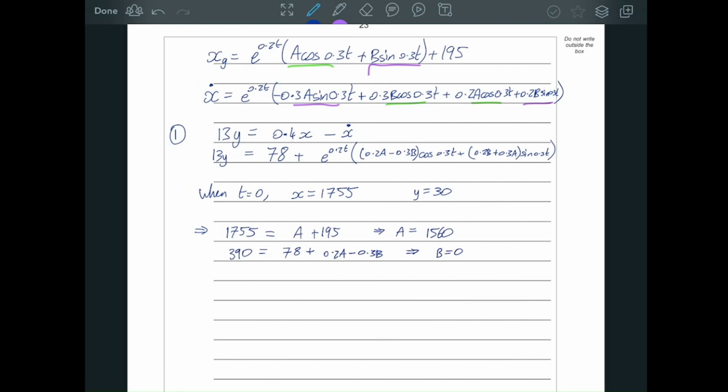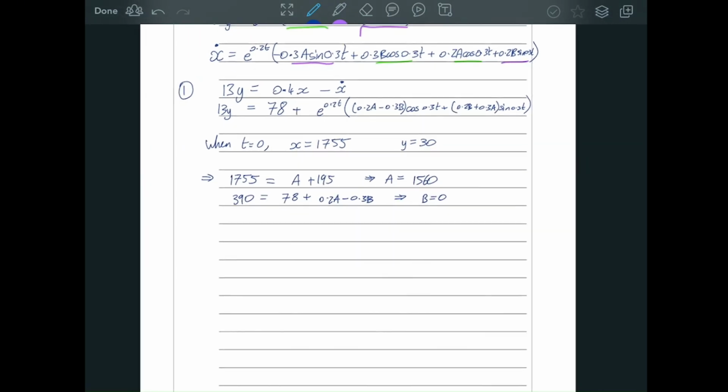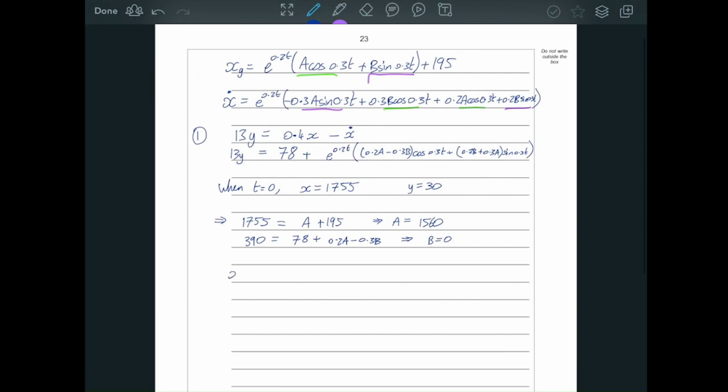That is awfully pleasant. Okay, so let's write out our equations and then we'll check whether they do actually hold, because I'm definitely slightly suspicious of that fact. So going back to our x, we know what the a is: 1560 e to the 0.2t cos 0.3t plus the 195.